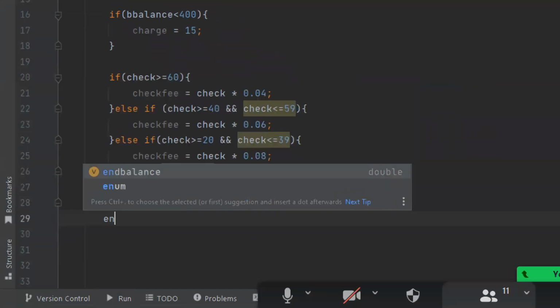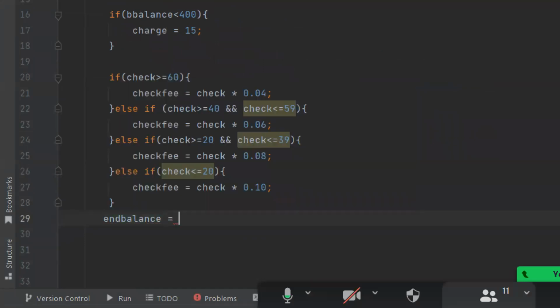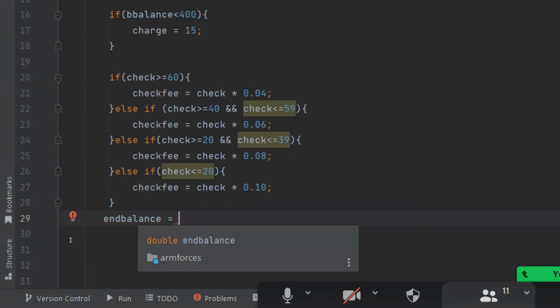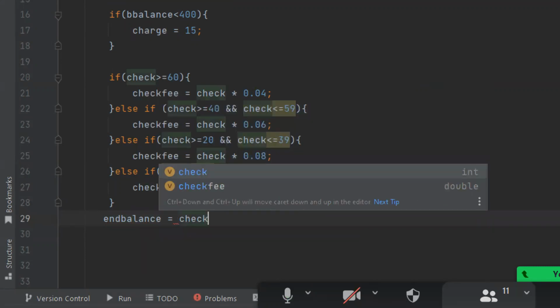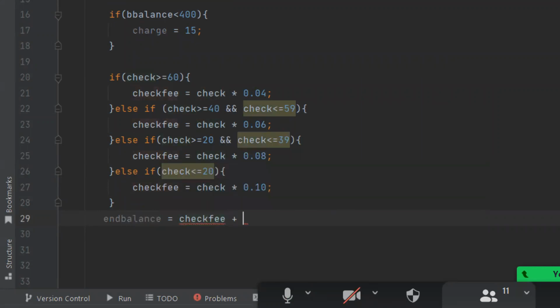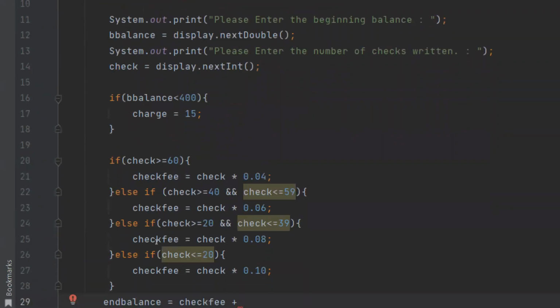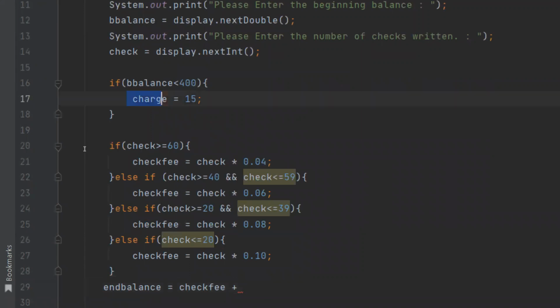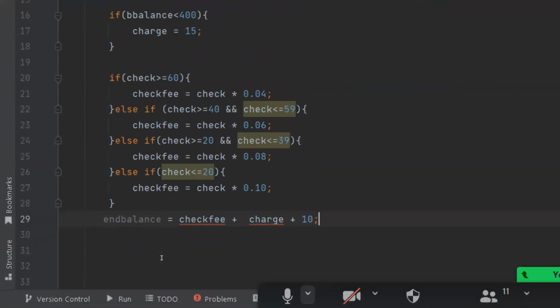The end balance is supposed to be equal to the check fee plus the charge plus 10. Okay. So this is the amount of money the bank is going to charge from you.